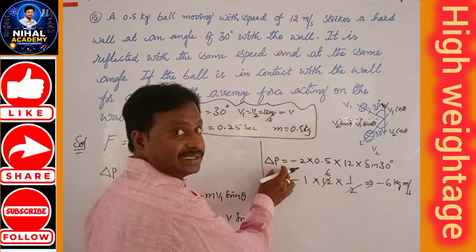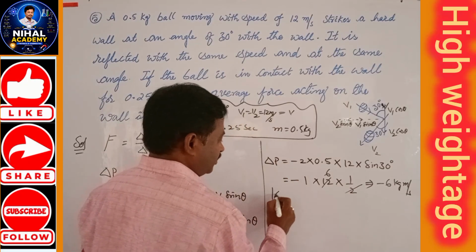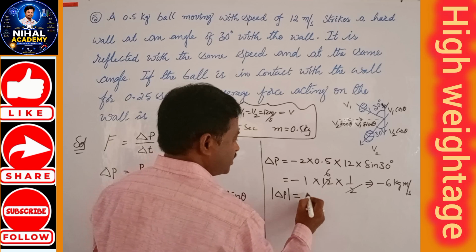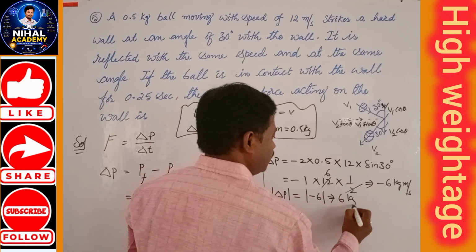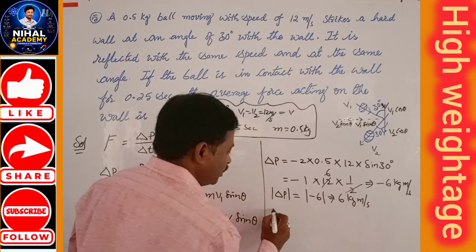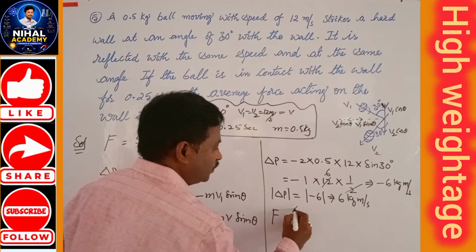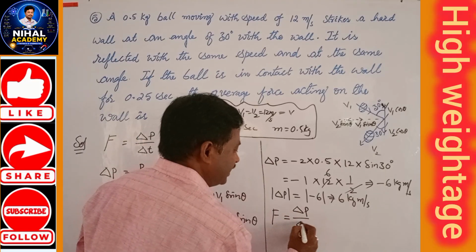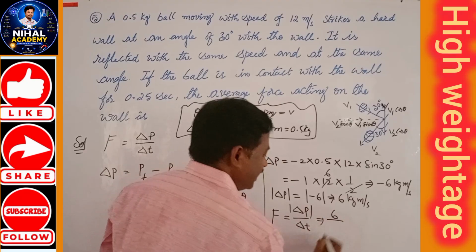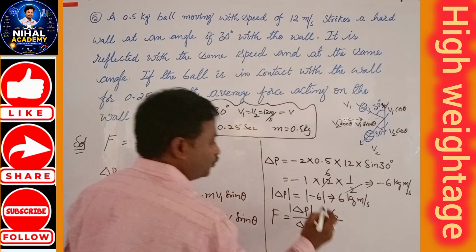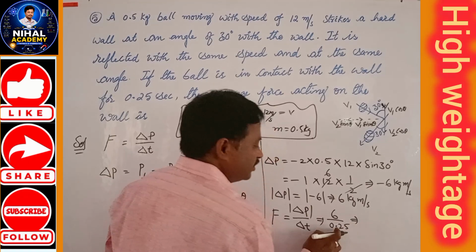Now we have to take the magnitude of this delta P. So the magnitude of delta P is equal to the magnitude of minus 6, so it is equal to 6 kilogram meter per second. Now the average force acting on the wall, F, is equal to delta P by delta T, where this is the magnitude of delta P. So that is 6 by 0.25.